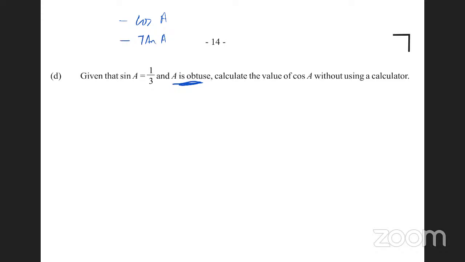So you're doing the same triangle method. Let's say here's A, opposite is 1, hypotenuse is 3. From the top of your head, we'll work out what the adjacent is.